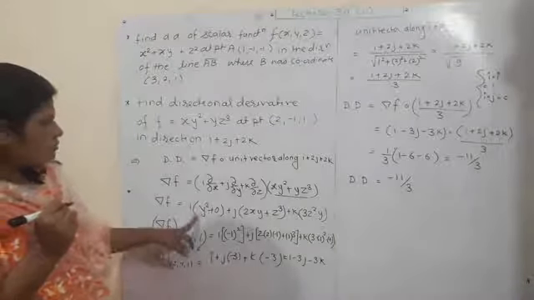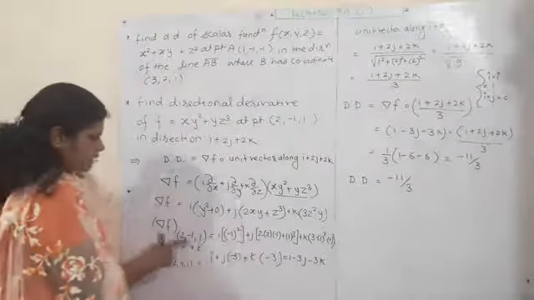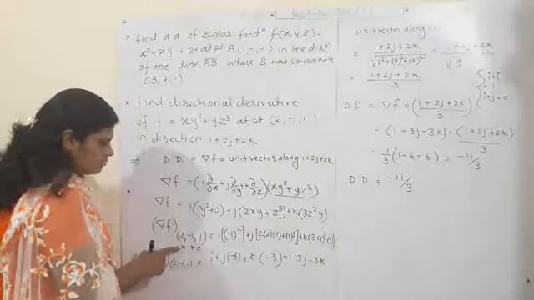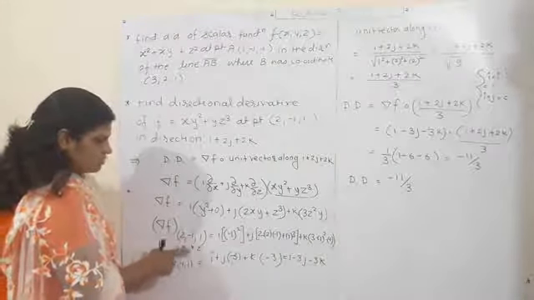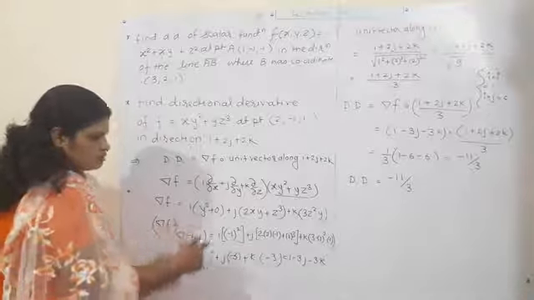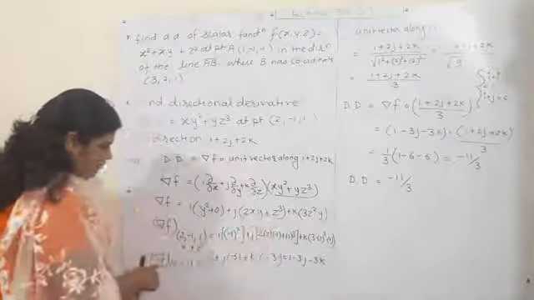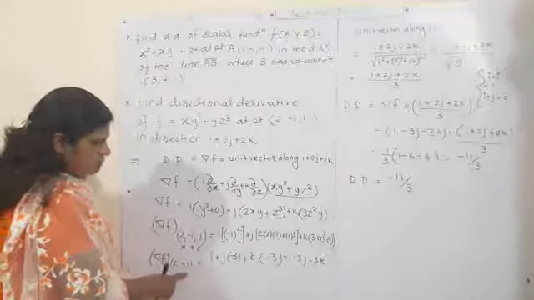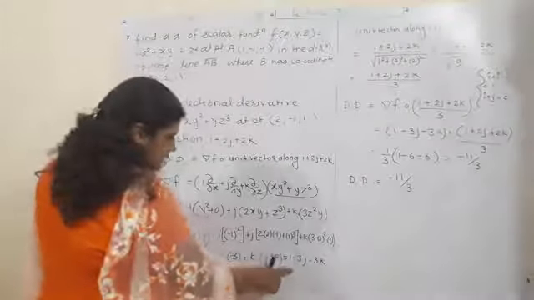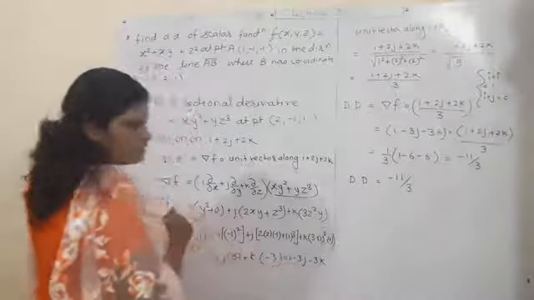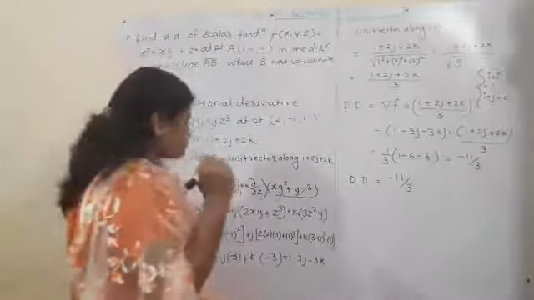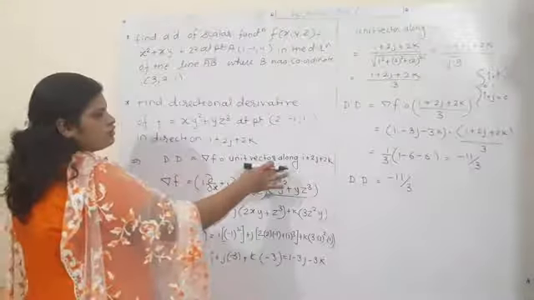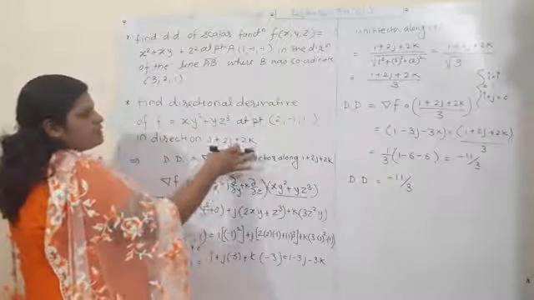So we put that value here, the point 2, minus 1, 1, that means 2 for x, minus 1 for y, 1 for z. We put all those values here, and finally we calculate grad f at the point (2, minus 1, 1), and that becomes i minus 3j minus 3k. Now to find the directional derivative, you have to find a unit vector along the given direction.